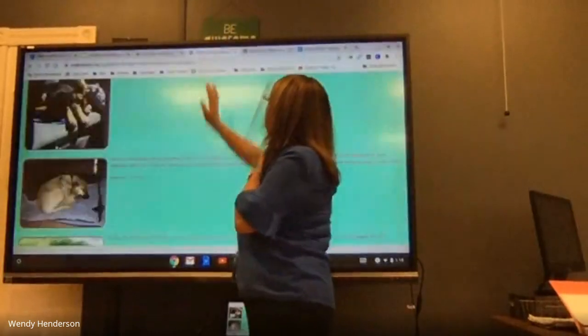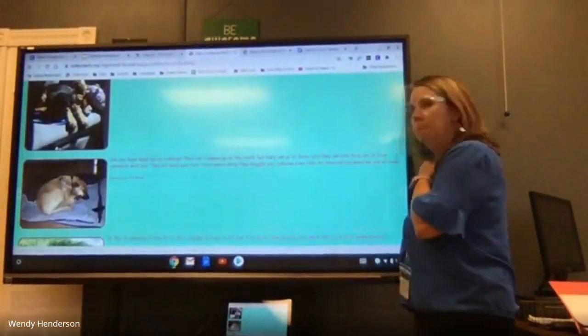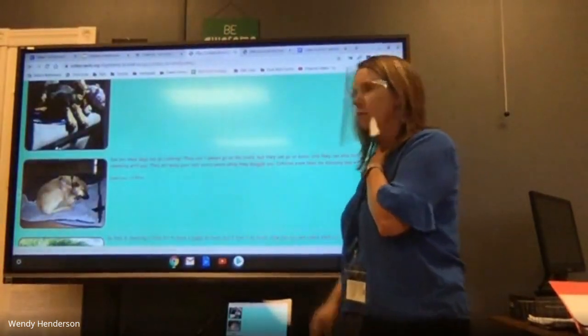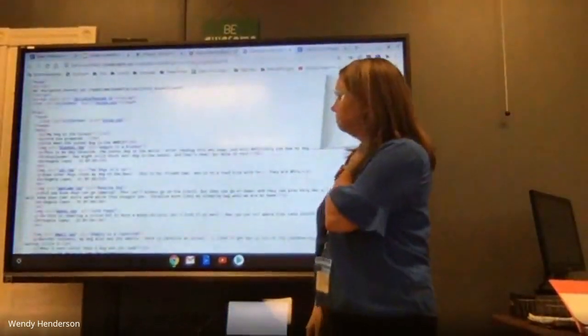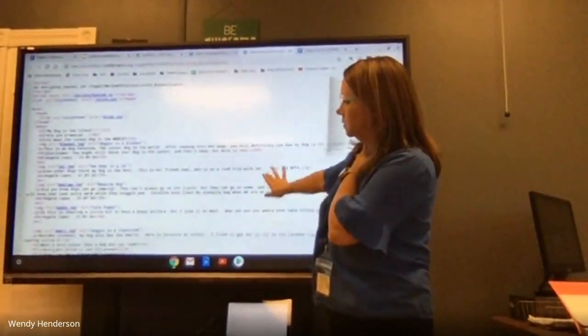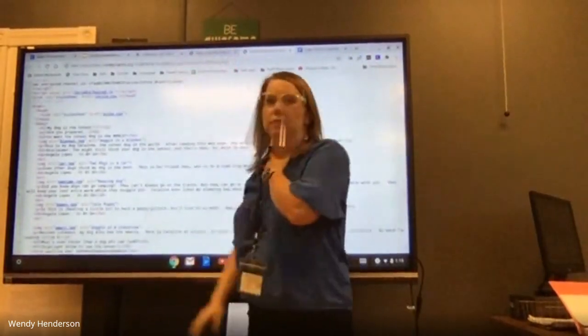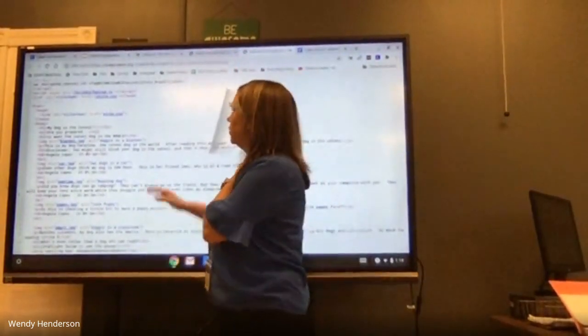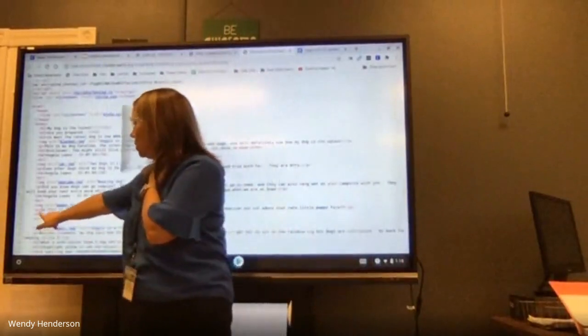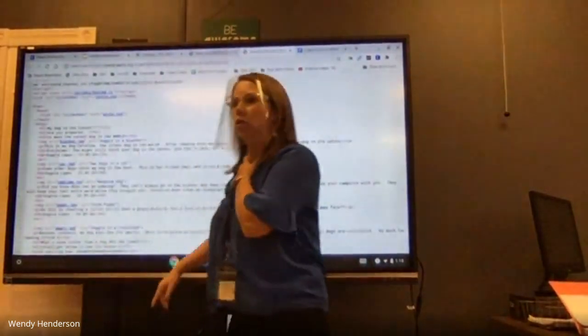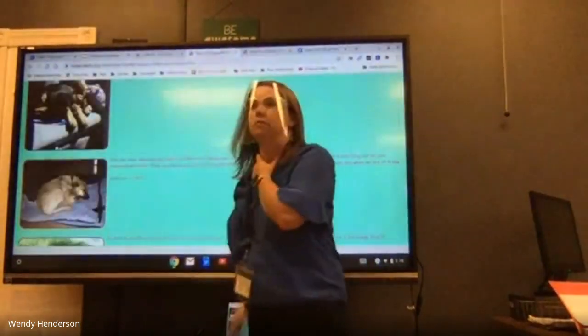I must have pressed something. So she had to write all that. You might have pressed on view code. What if you mess up one little word? It'll mess something up, but you'll go back and figure it out, because each letter, this is kind of what we're going to start looking at tomorrow, some of the code.